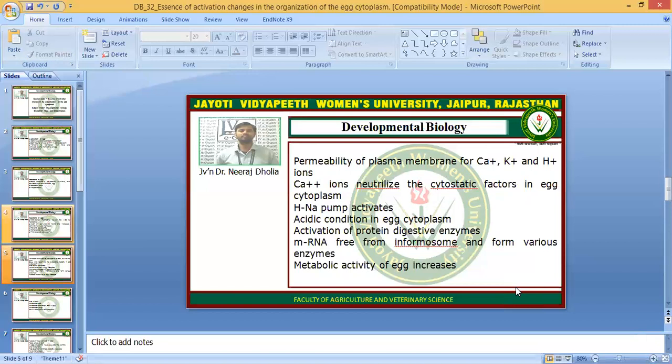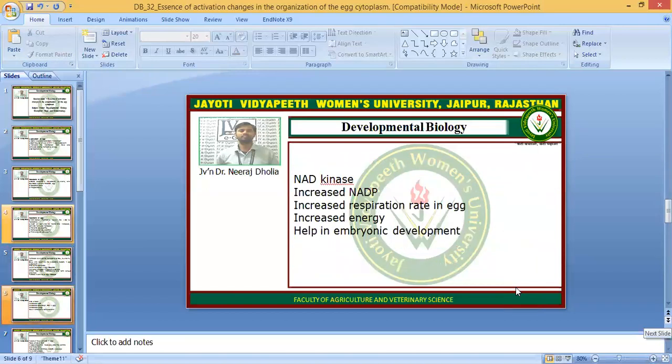The digestive enzymes will release the messenger RNAs from the informosomes, and the released messenger RNAs start the formation of various enzymes, which start the various metabolic activities in the egg cytoplasm.